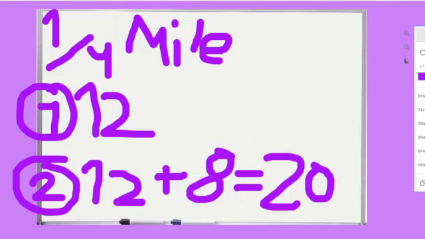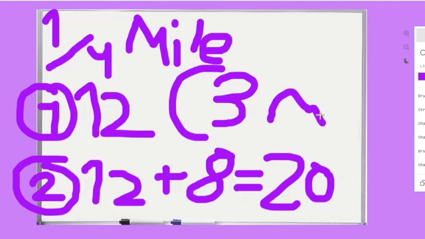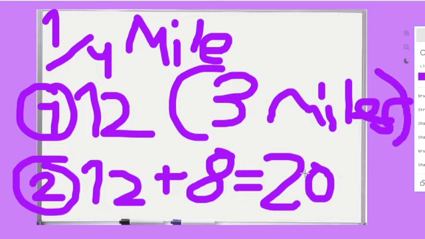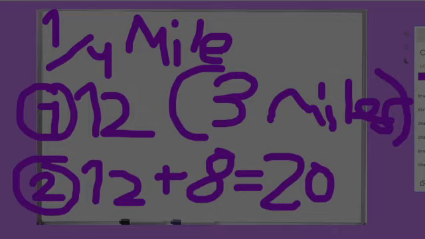So, based off of this, we know that runner A ran 3 miles. We're trying to see what runner B ran.